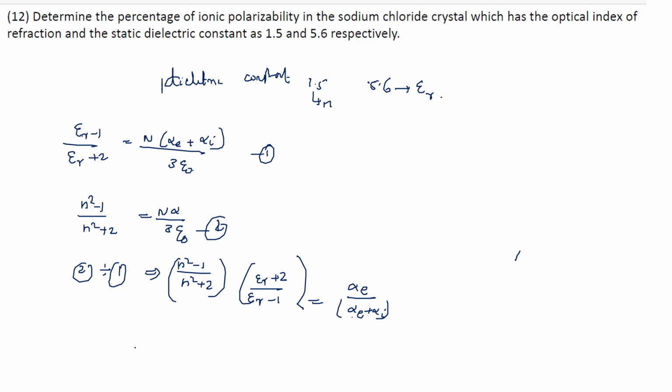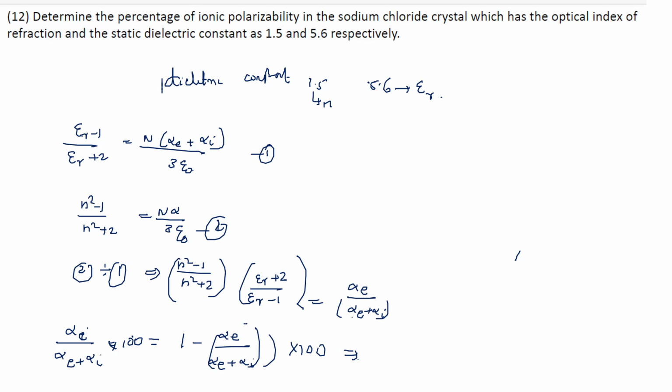Okay, now the fraction of electronic polarizability, we can write alpha e divided by alpha e plus alpha i. Then the percentage of ionic polarizability is 1 minus alpha e divided by alpha e plus alpha i into 100.